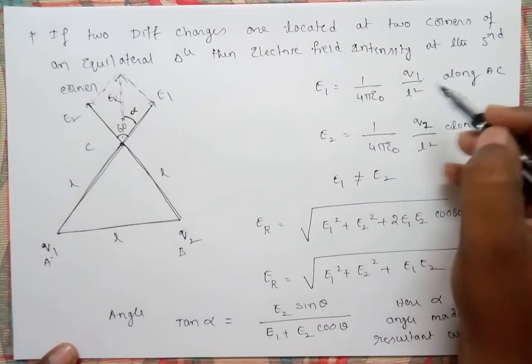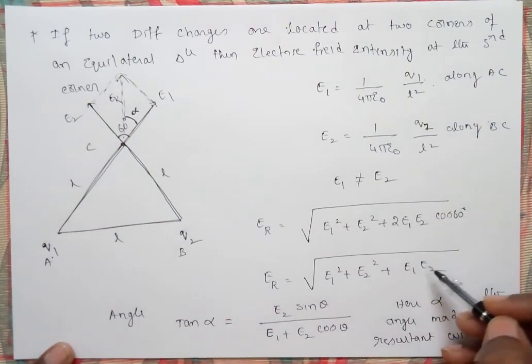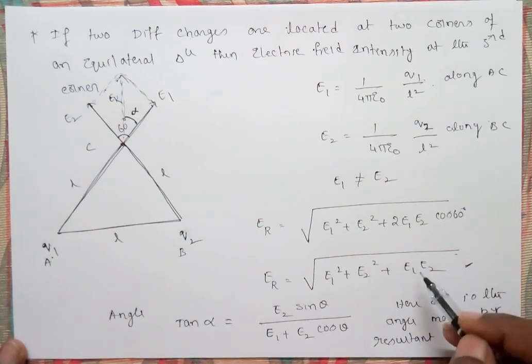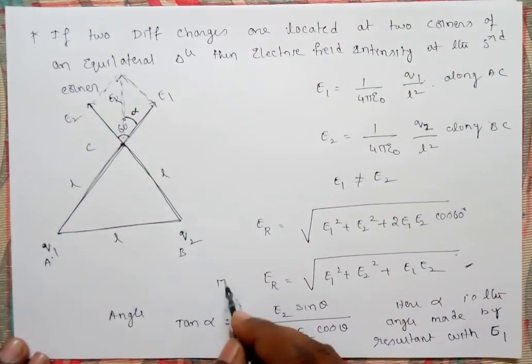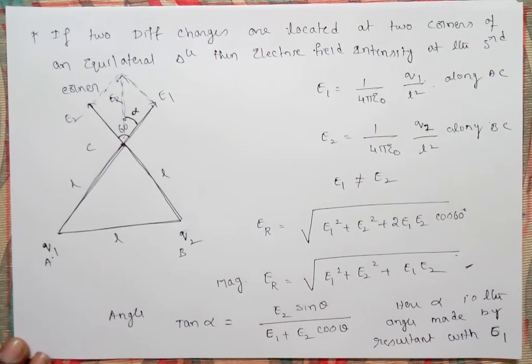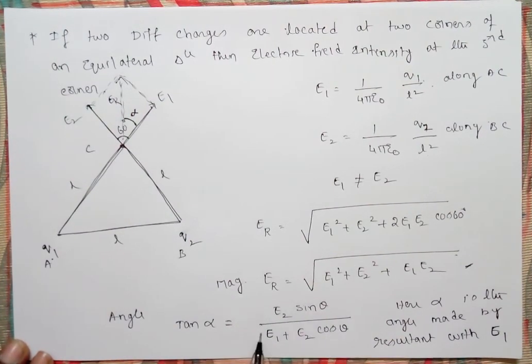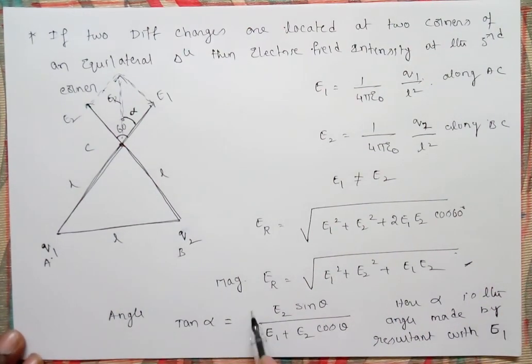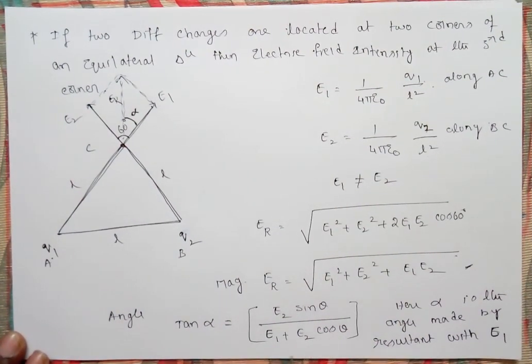So you have to calculate these two. If you do the substitution here, you will get the magnitude of the resultant. If you want the direction, it means you have to measure the angle.